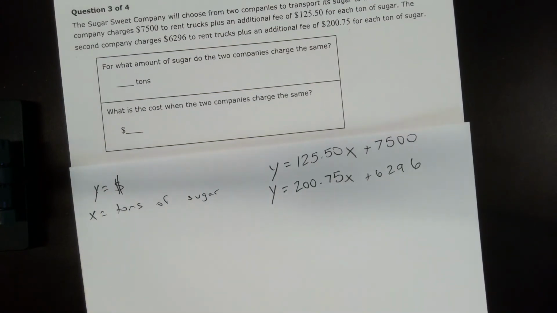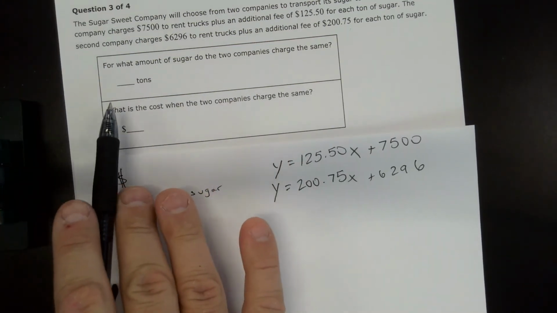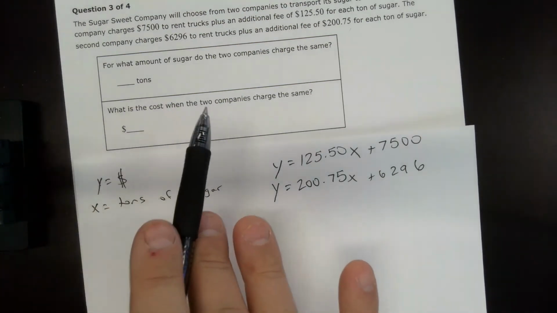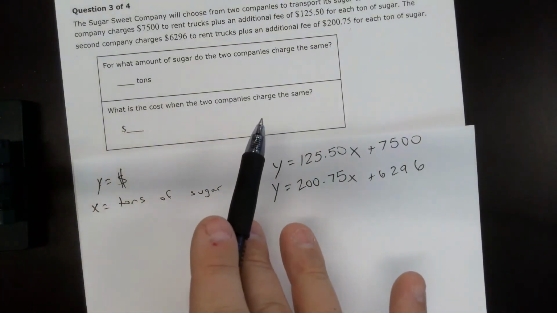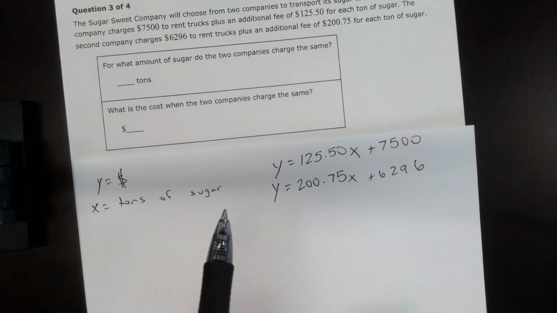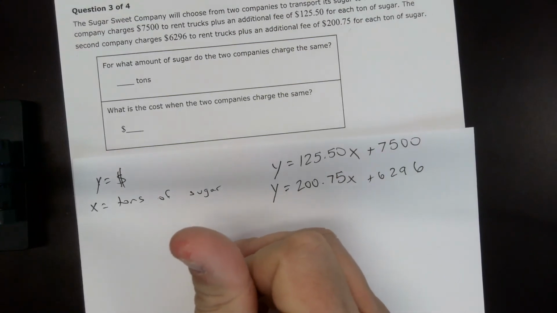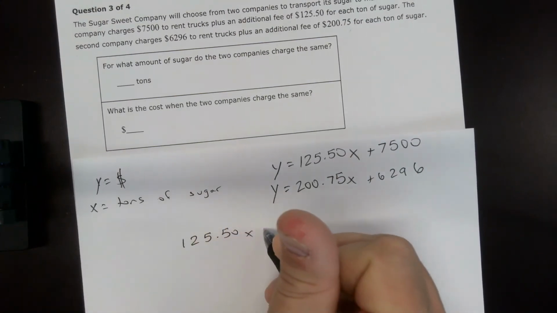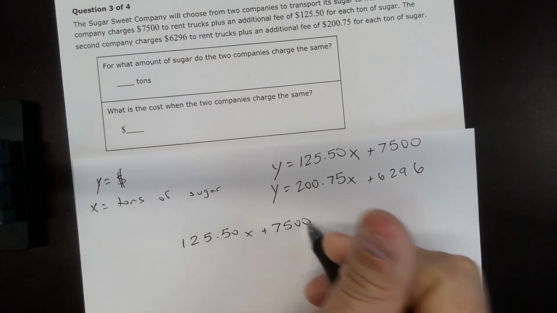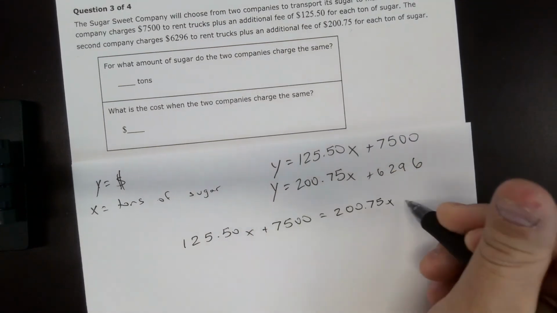Another reason I know these are both y equals is the question they asked: for what amount of sugar do the two companies charge the same? If two things are the same, then they're equal. So I'm going to set these two equations equal to each other and remove y.